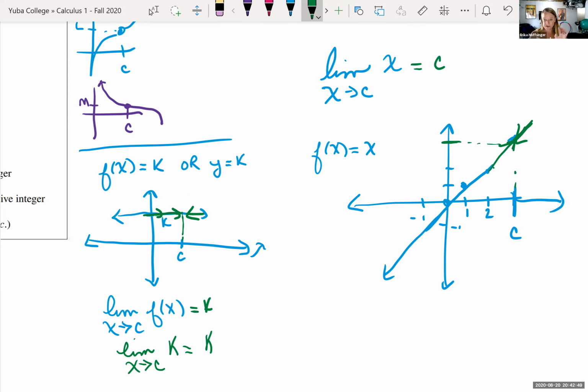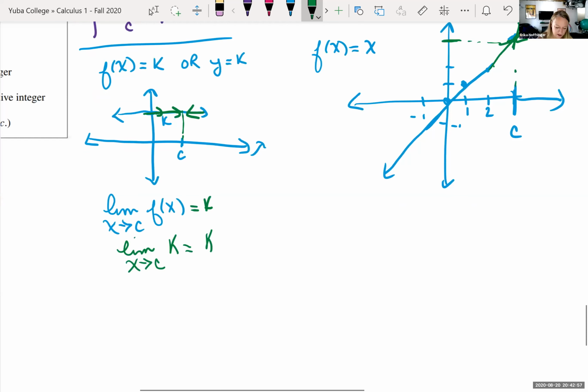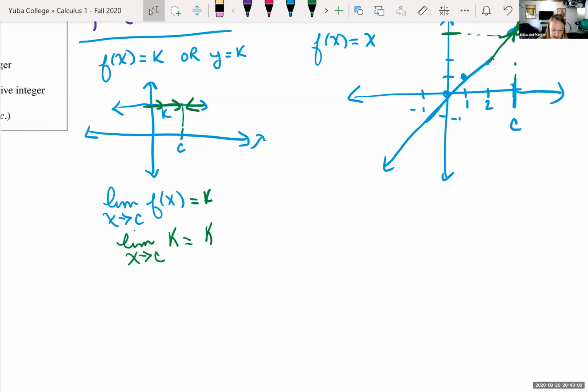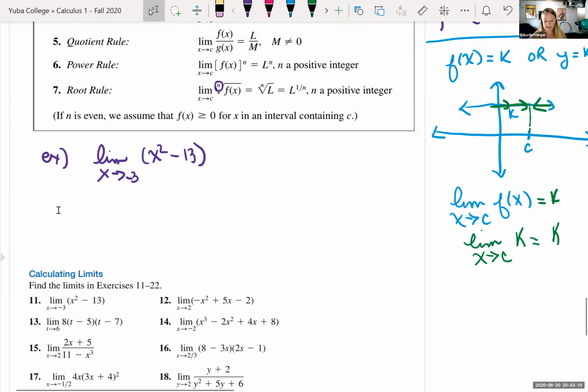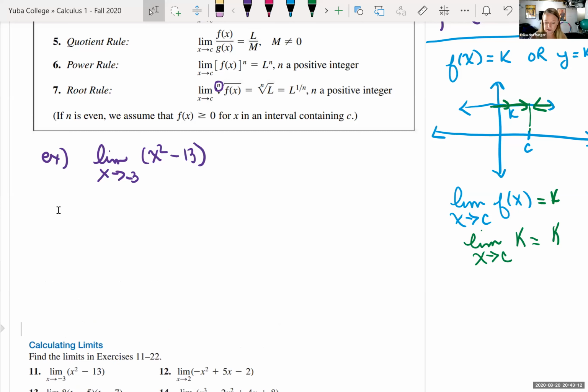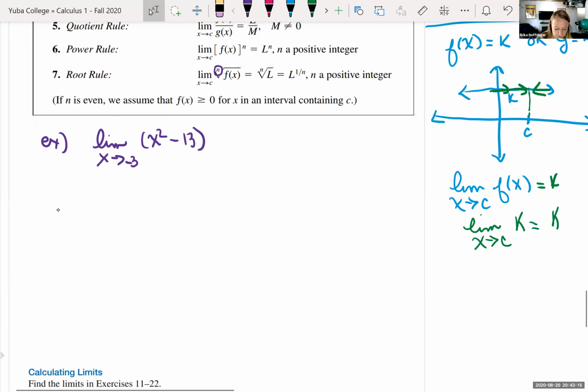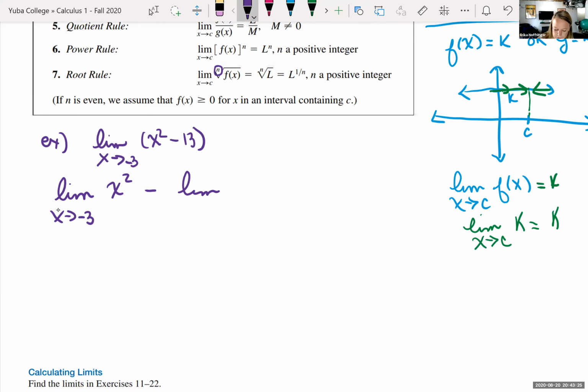Okay, so knowing those two things and those rules that we just discussed above, let's take an example where we look at the limit as x approaches -3 of x squared minus 13. One of the rules says that we can break this down as a difference of two limits: the limit of the first term minus the limit of the second term.